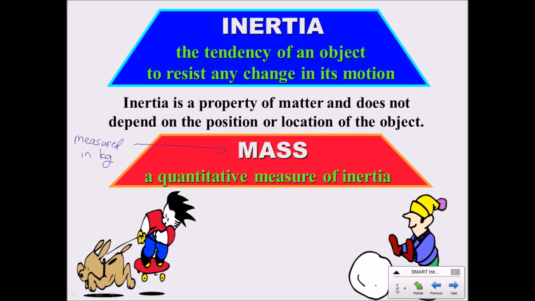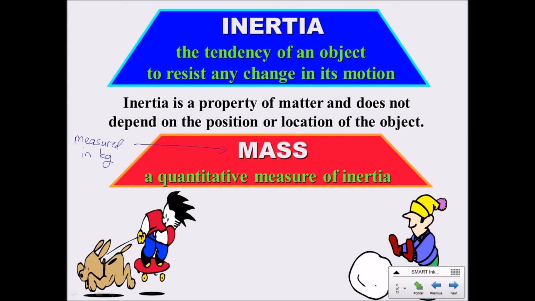It did not have very much inertia. But when I kick the box full of bricks, I break my foot. And that's because the box full of bricks has much more mass. It has much more resistance to changes in motion. It's much harder to make it go from rest to moving.